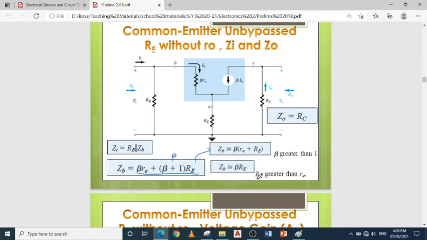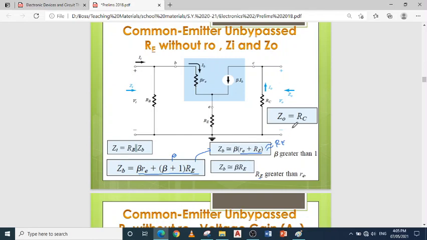But since beta RE is greater than RE, what is inside the parentheses is approximately equal to just RE. That is why our ZB is beta times RE, which is large.